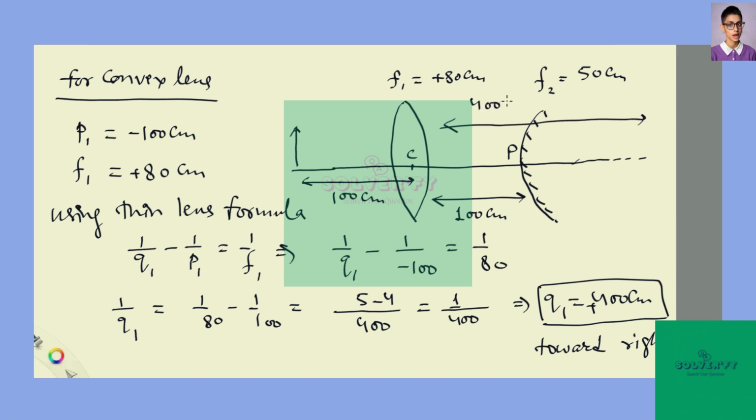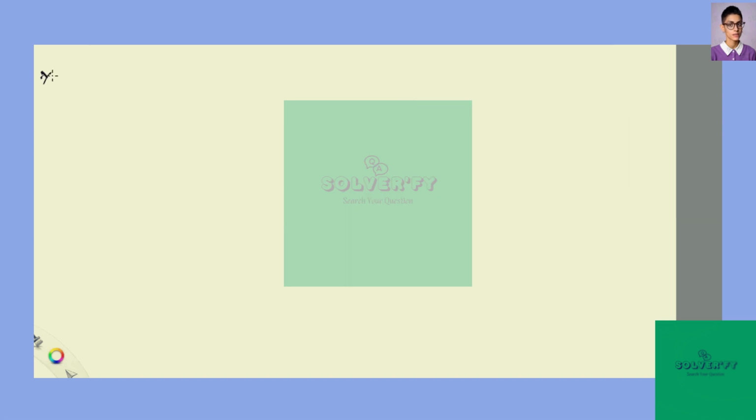But before that, the convex spherical mirror intercepts the rays going away from this convex lens. So the image formed by the convex lens will serve as a virtual object for this spherical mirror. So in the next step, we will consider the image formation by the convex mirror.